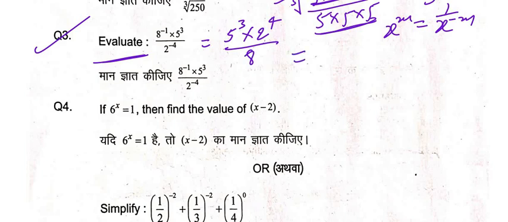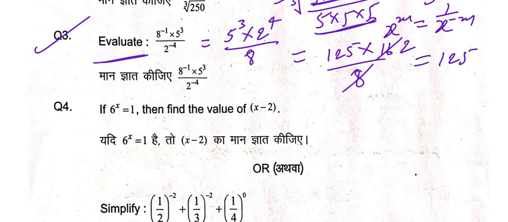So what will we get? 5 to the power 3, you already know the value of 5 to the power 3, and 2 to the power 4. What is the value of 2 to the power 4? You also know that. So 5 to the power 3 is 125. 2 to the power 4 is 16 upon 8. So 16 will be cancelled with 8, 2 times. So 125 into 2. We will get the solution 250. This is the solution of question number 3.